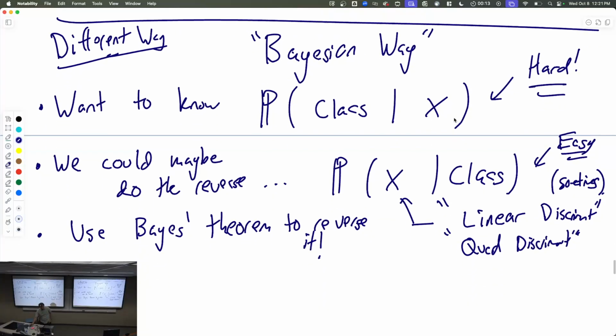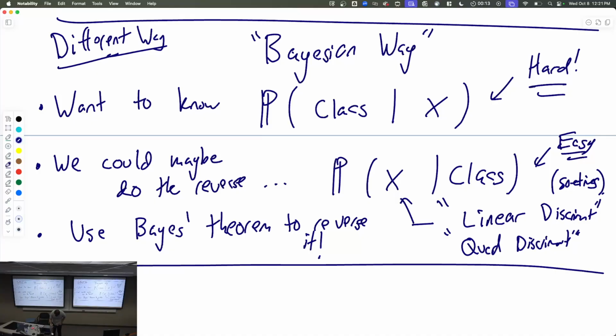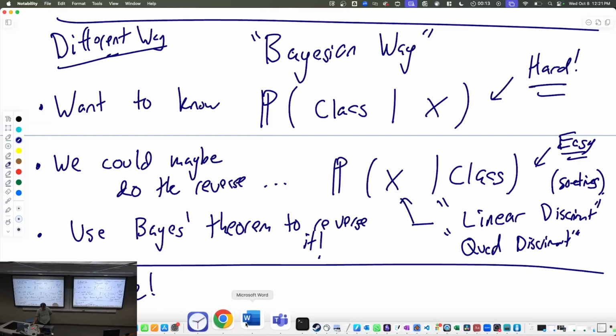What we're going to do is an example, and in the example, you will be able to calculate this thing exactly. It's in mathematics.